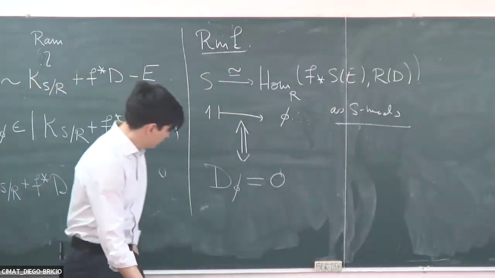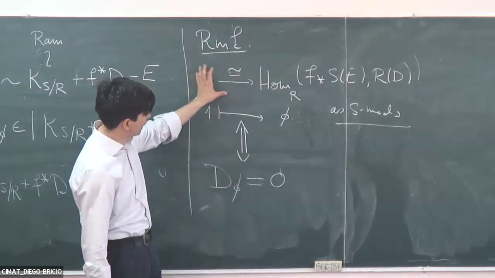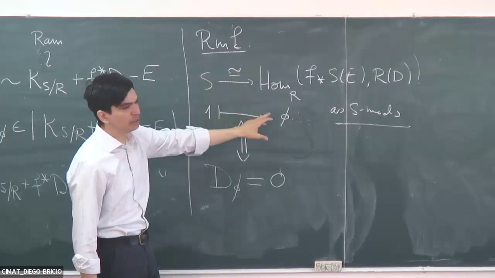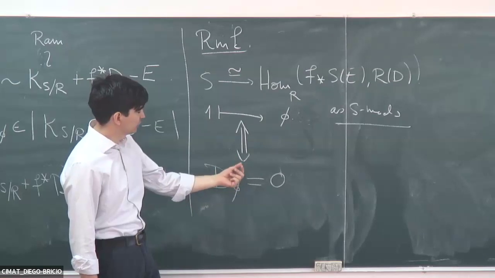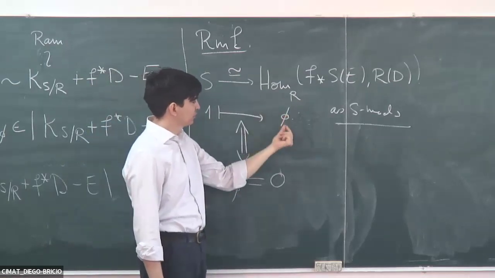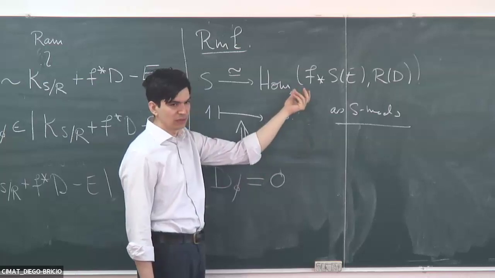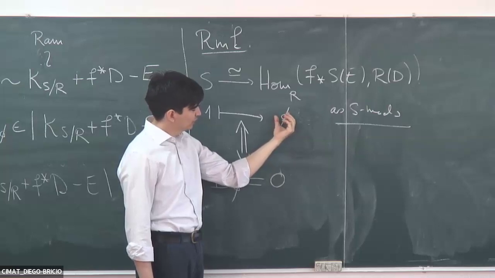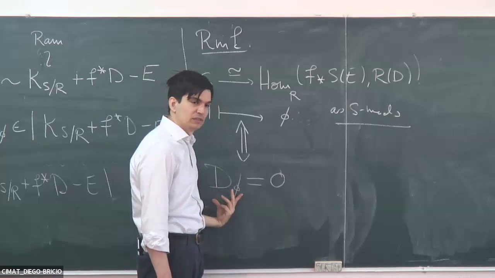And so what's happening, well, you've got to do the exercise, but you know that here you're comparing S2 modules. So whether or not this is an isomorphism is determined in codimension 1. And so you go and look at the prime divisors. You can localize at every single prime divisor, and you can look at whether or not phi generates that Hom set. And actually, the evaluation of phi at that specific prime divisor will give you the coefficient of this divisor.